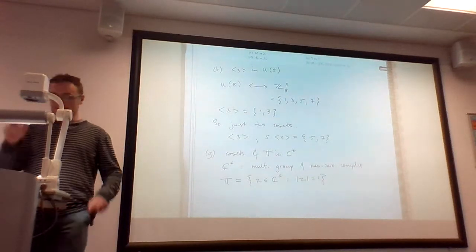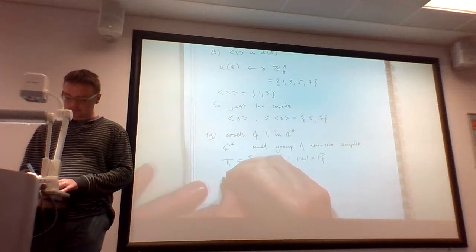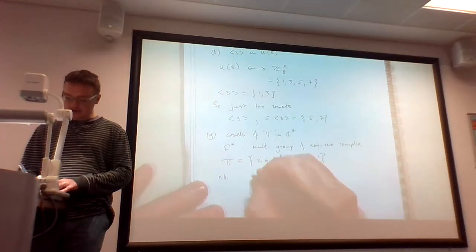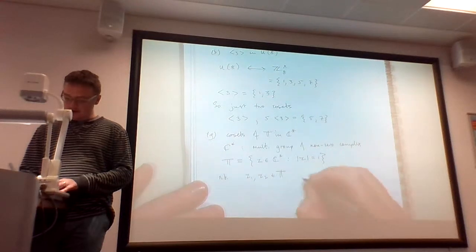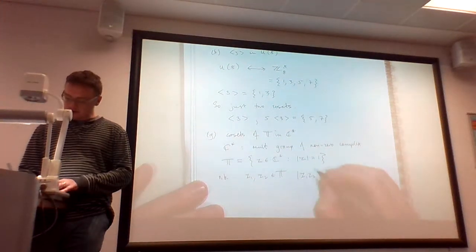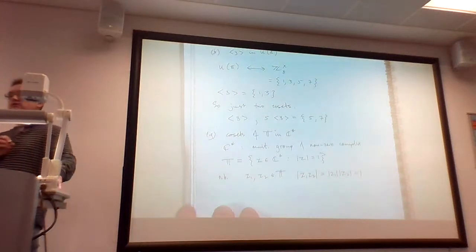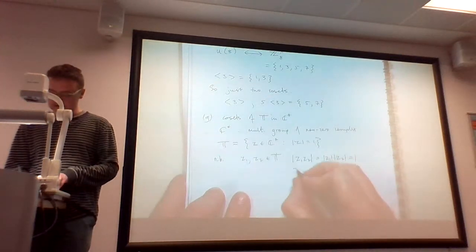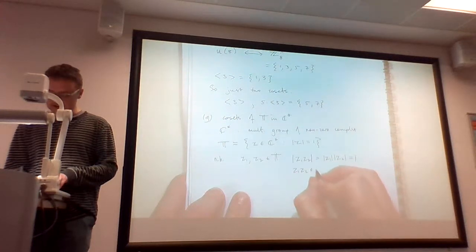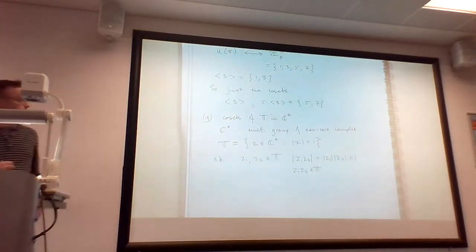That's a multiplicative group. If you take two complex numbers z1, z2 from T and multiply them, because the modulus of a product is the product of the moduluses, that will again have modulus 1, so it will again be on the unit circle. So z1 z2 is again in T.